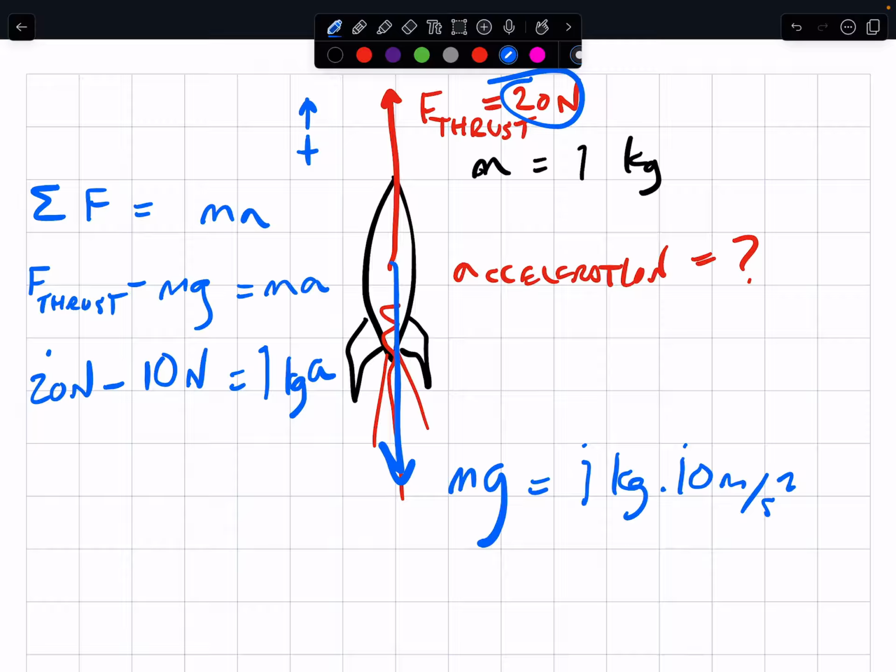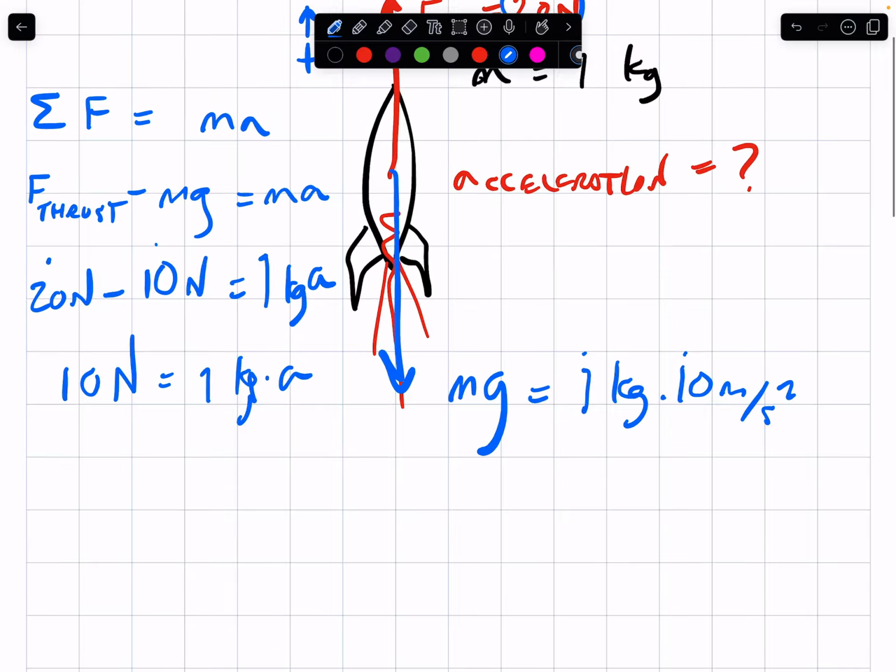So 20 minus 10 is 10. So 10 newtons is equal to 1 kilogram times the acceleration. So basically divide both sides by 1 kilogram. And a newton per kilogram is a meter per second squared, believe it or not. So the acceleration is about 10 meters per second squared.